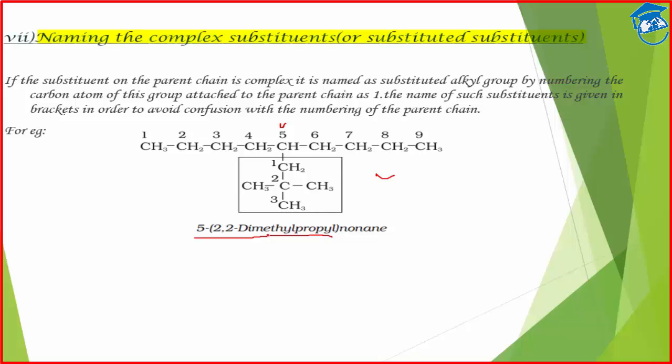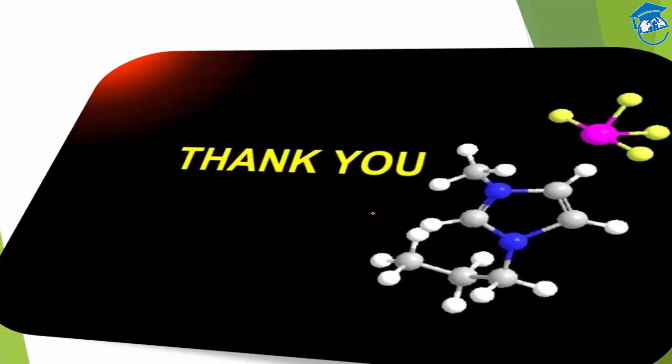This shows that it is a complex substituent, and then the usual, it is a 9 carbon chain, so non and ane suffix. So this was all about the nomenclature. You can revise the nomenclature from our earlier videos in which we have covered it in great detail. Okay, thank you.